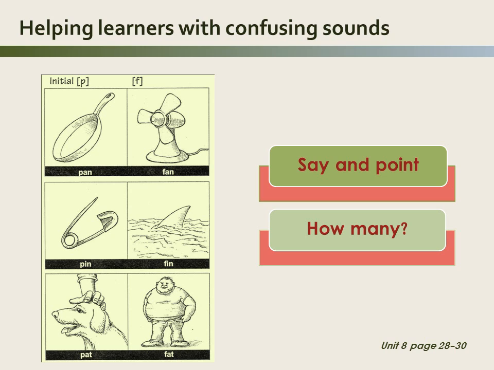So for example, if I say pin, pin, fin, pin, fin, you'll have heard that I said fin twice. So then they have to say them one after the other, or hear them one after the other. And when your learner can do this, you can invite them to also have a go at saying it 5 times, and you'll say how many times they said one of the words.